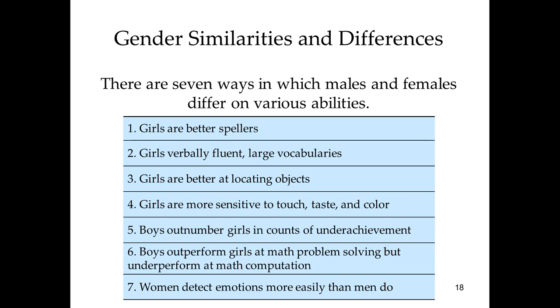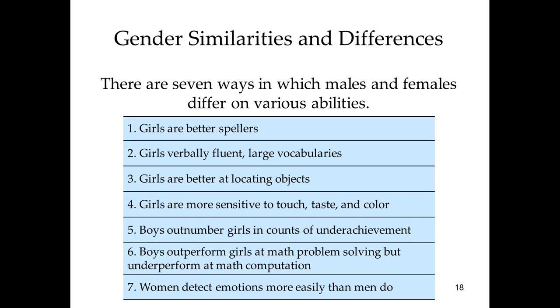So men are better at spatial navigation, in large part because they had to figure out the most appropriate path to attack their kill. Whereas women didn't need to know how to navigate through space. They just needed to remember where things were. So remember, where's a good place to find berries? As a result, women tend to be better at locating objects because of this evolutionary past.